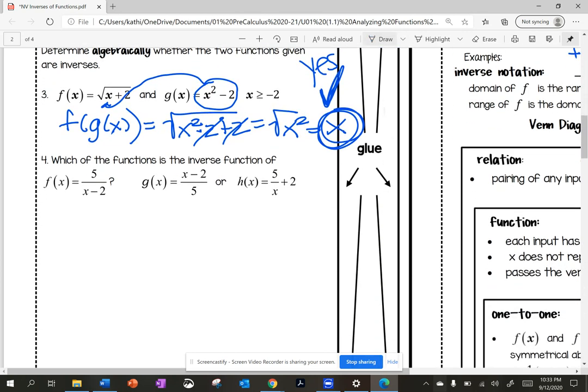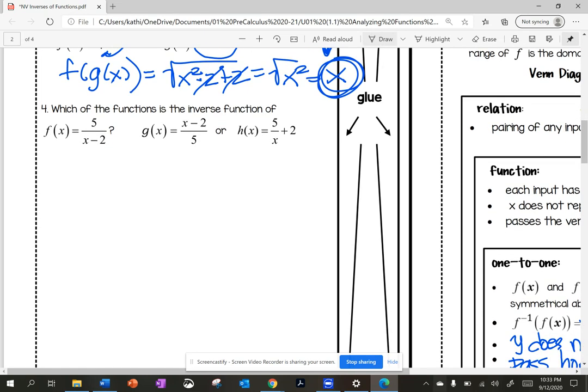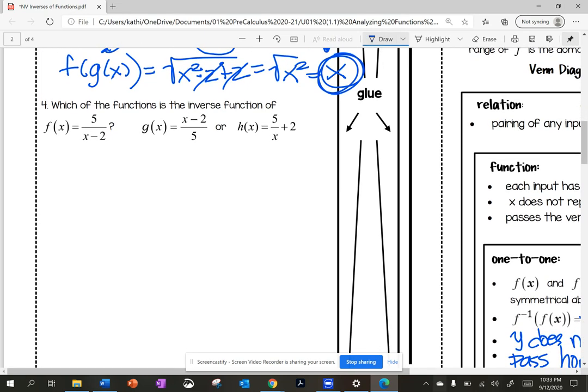All right, let's try another example. Which of the functions is the inverse of f of x? Is it g of x or h of x? So I'm going to solve f of g of x and f of h of x.